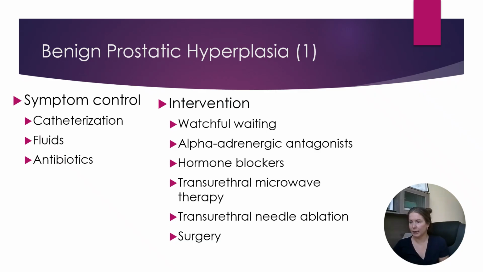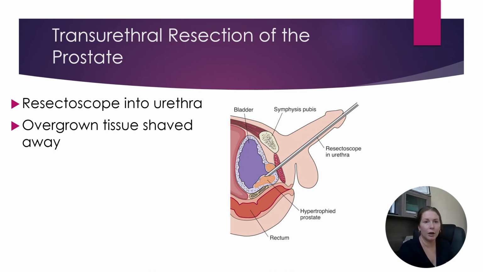And then surgery, so a TURP, transurethral resection of the prostate. This is our gold standard surgical treatment. It removes any obstructive prostate tissue via cystoscopy.